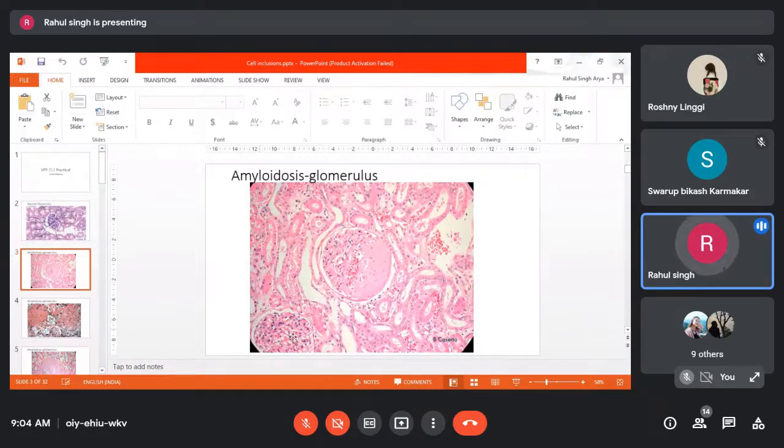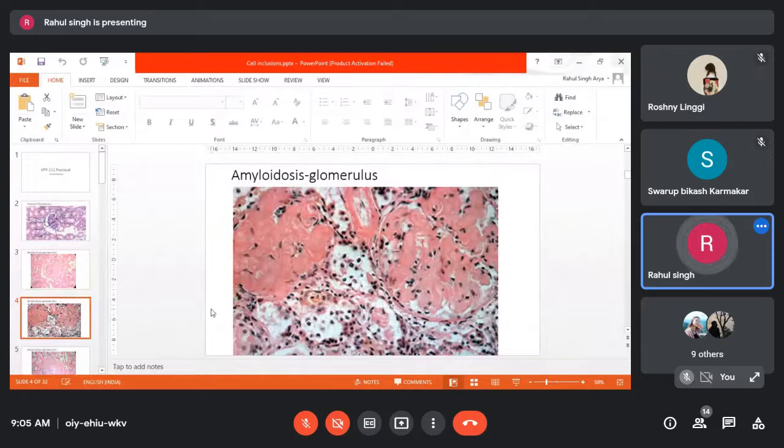This glomerulus is not showing diffuse deposits, but prominent amyloid deposits here. If you see here, this smooth hyaline structure is the amyloid deposits in the glomerulus. All right.